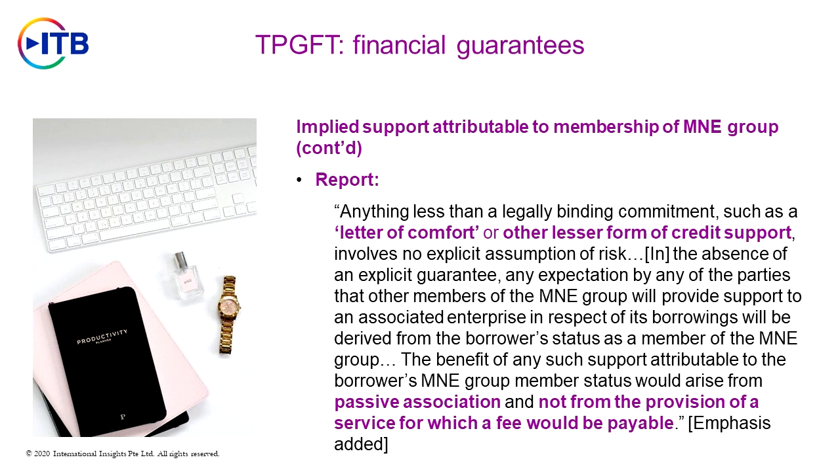In the absence of an explicit guarantee, any expectation by any of the parties that other members of the M&E group will provide support to an associated enterprise in respect of its borrowings will be derived from the borrower's status as a member of the M&E group. The benefit of any such support attributable to the borrower's M&E group member status would arise from passive association and not from the provision of a service for which a fee would be payable.